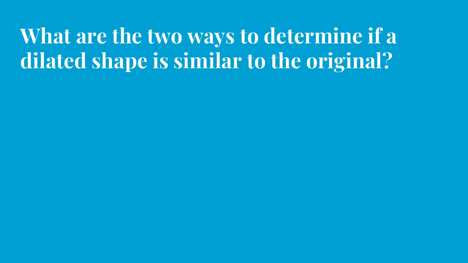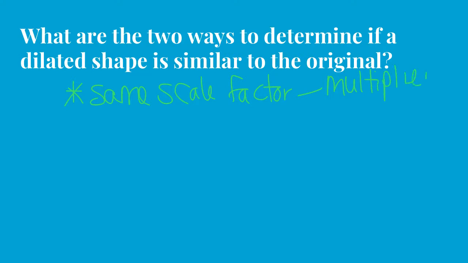All right, we're down to the last 2 questions. So what are the 2 ways to determine if a dilated shape is similar to the original? Well, 1, we have to have the same scale factor. Your scale factor can be thought of as your multiplier. It could also be thought of as maybe a coefficient.